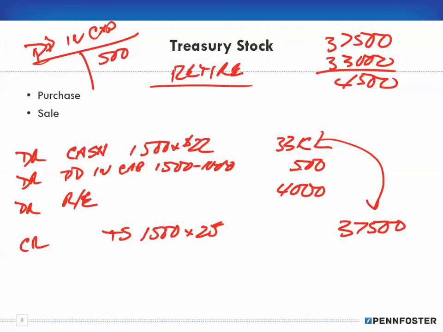And the difference between our debits and credits now goes to retained earnings, of the $4,000, right? So this ends up being our journal entry, right?